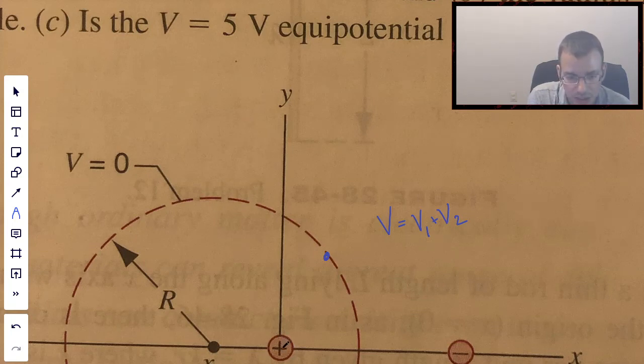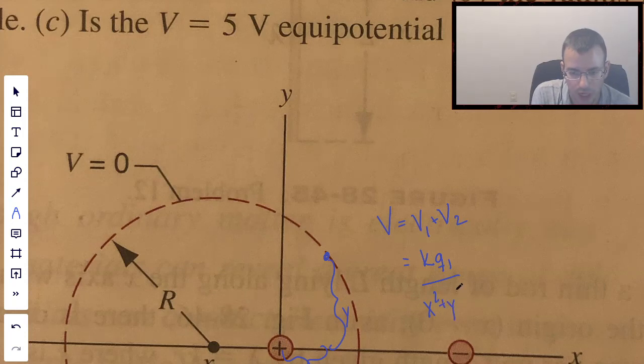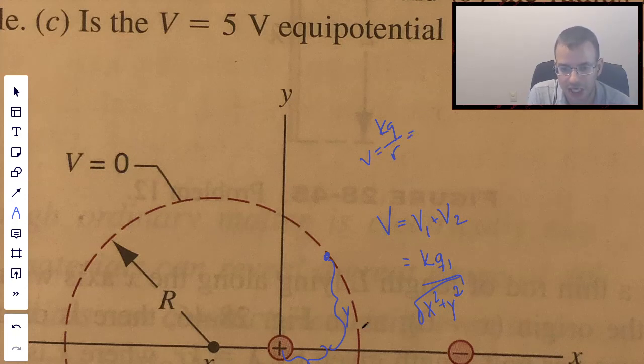This distance right here is going to be X. This distance right here is going to be Y. So this is going to be K Q1 over X squared plus Y squared, square rooted, because it's the same as KQ over R. So KQ over R is voltage, and R is just going to be X squared plus Y squared, square rooted, plus KQ2, which will end up being a negative.